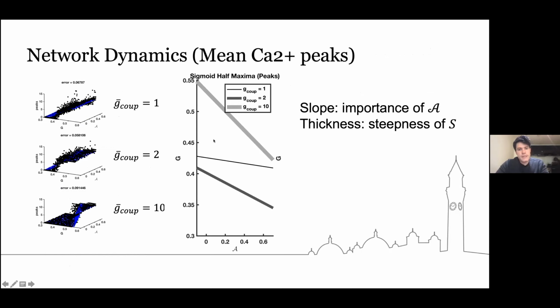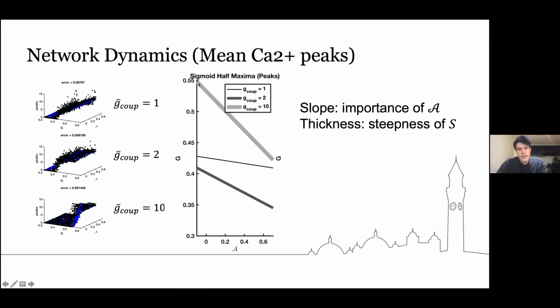And what you can see is that for strong coupling strength, what you have is a half maxima that's high value in G, which implies that it takes a high value of network activation to get this system going if the coupling is strong. However, the reliance on assortativity is also strong. So that's given by the slope of the line.